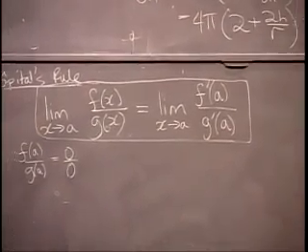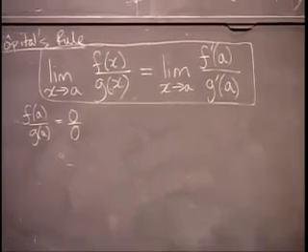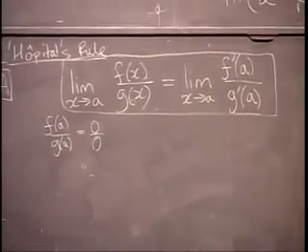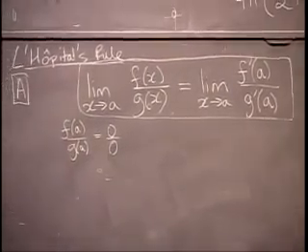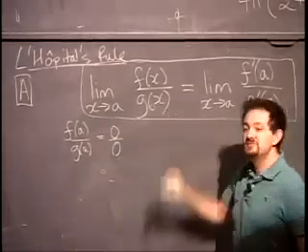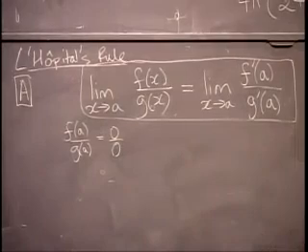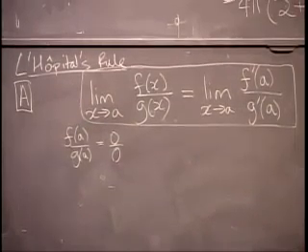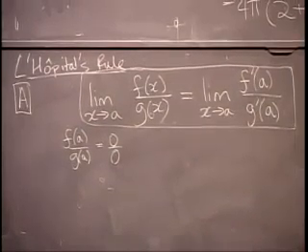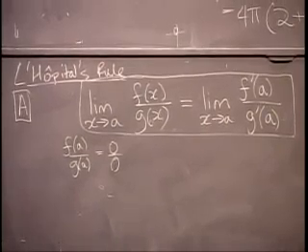This is not quotient rule. It looks like a quotient, but it has nothing to do with the quotient rule. You're just differentiating the top and the bottom separately. If you can do this limit, you can do this limit. Pretty nice rule. Okay, what I'm going to do is just show you one or two simple examples of it, and then I want you to leave a little bit of space because I have to elaborate on this rule.